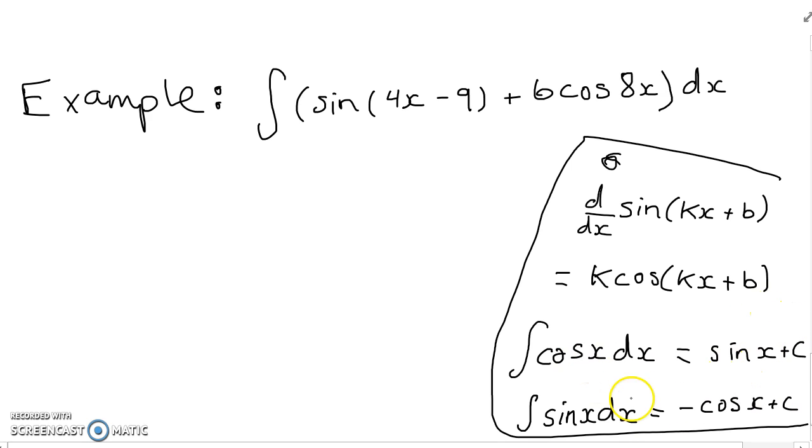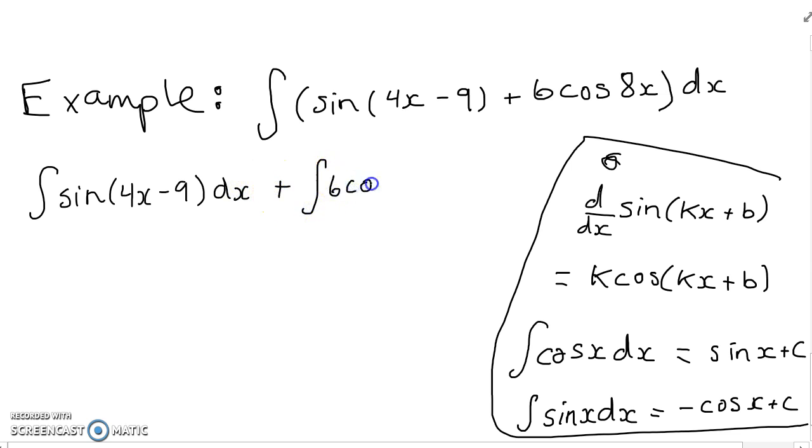And I also have the two integral formulas written out here. So the first step is we can split this up into two parts. We can write this as the integral of sine of 4x minus 9 dx plus the integral of 6 cos 8x.